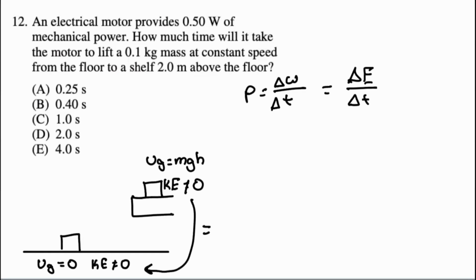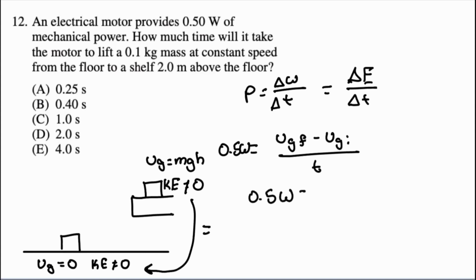And this is really just looking at change of potential energy and change in kinetic energy. And since the kinetic energy is the same over the entire time interval, we're really only looking at the change in potential energy. So this is equal to UG final minus UG initial over some time, and the power is 0.5 watts.